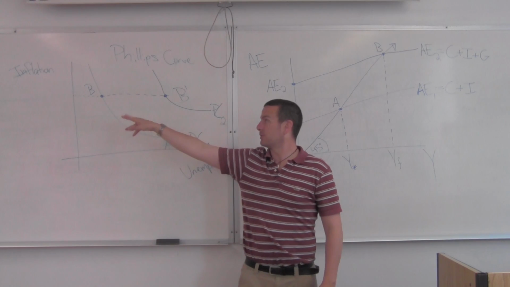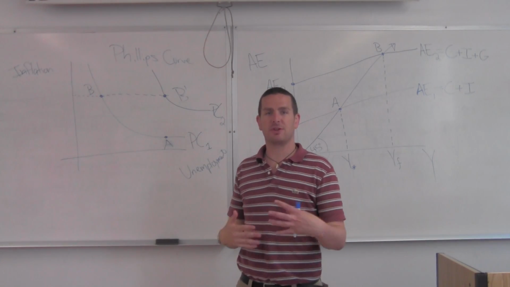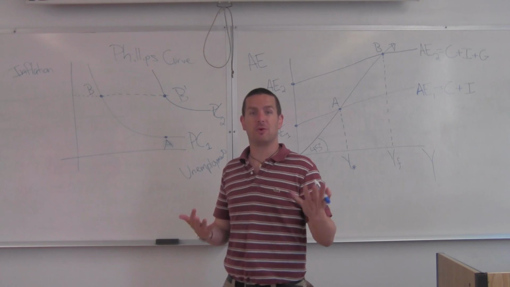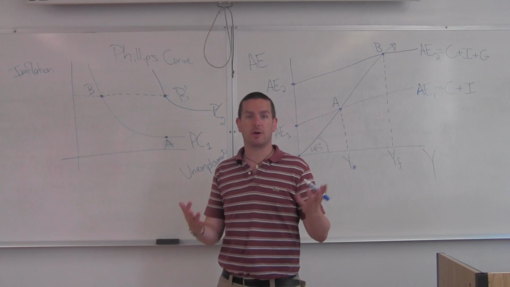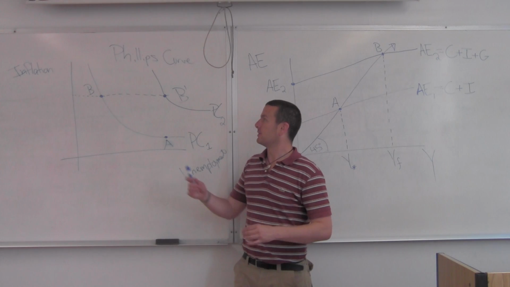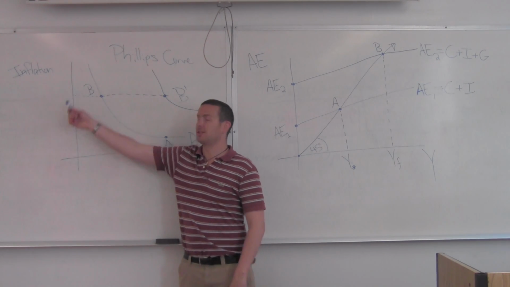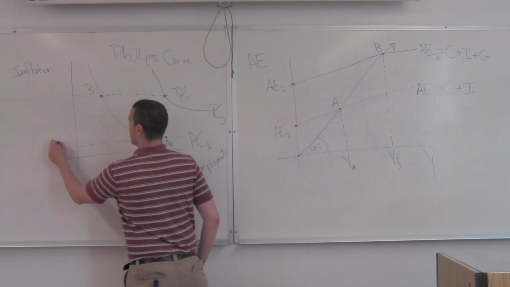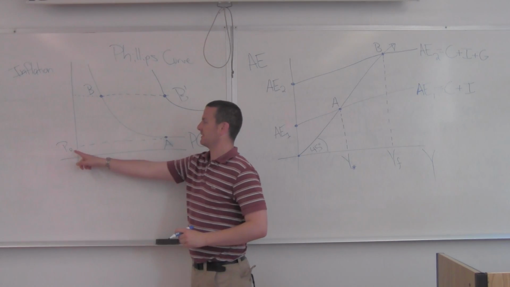At B, once we were at B, everyone walks into their boss's office, hey, can I get a raise? No, I can't afford all of that. Some of you are going to have to be fired, okay? So even though prices are still very high, right? This was our initial level of prices.